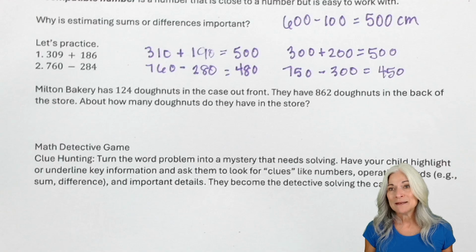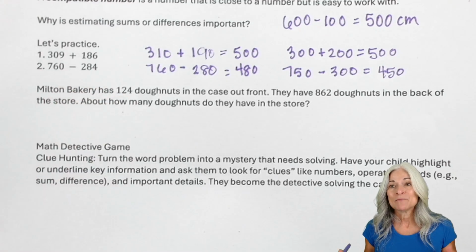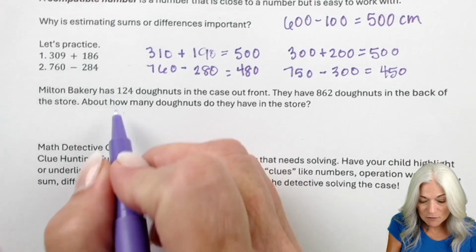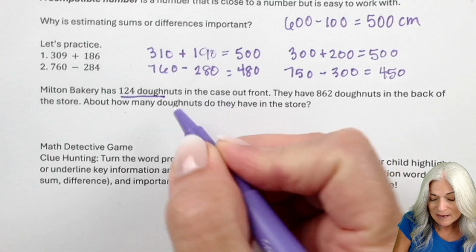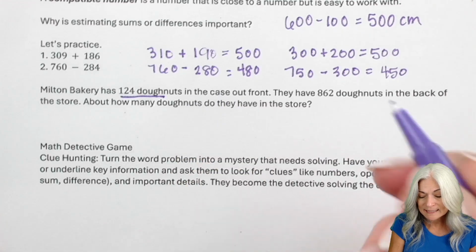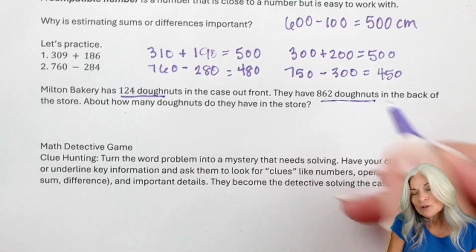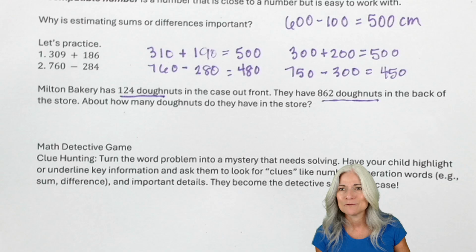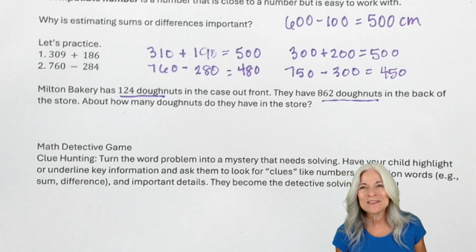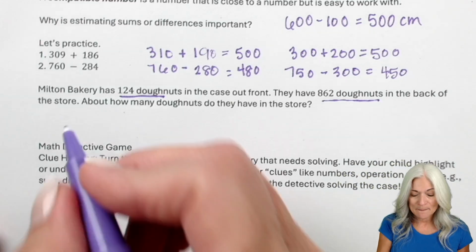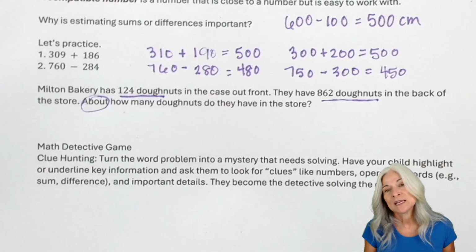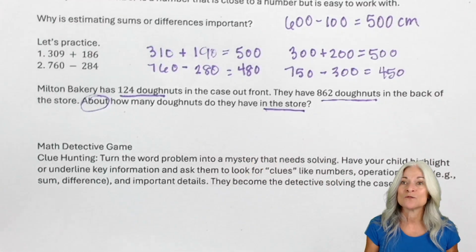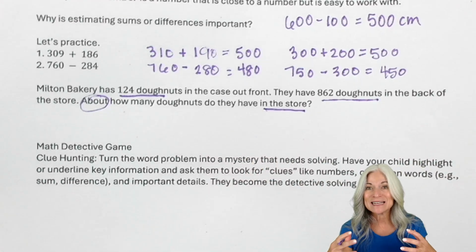Okay, so again, maybe we say, if you're doing this, what are our clues? So they can underline, oh, here's a clue. They have 124 in the case out front. Here's another clue, 862, in the back of the store. That tells us we're going to be estimating how many do they have in the whole store. So another clue. So we're combining these.